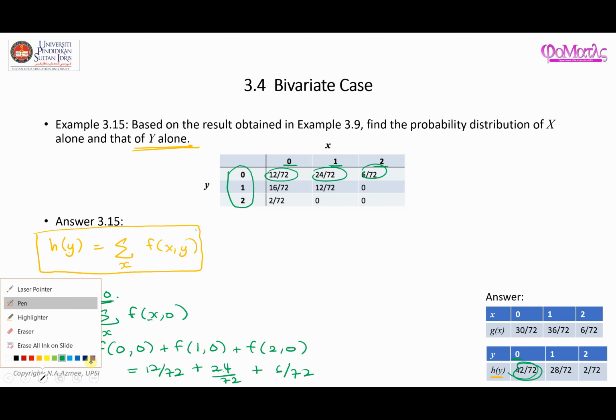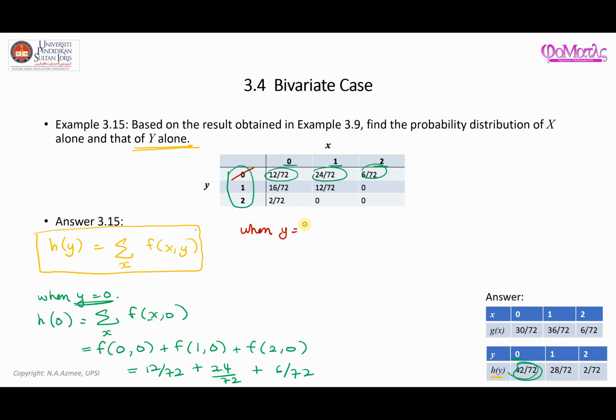Now we're done with y equals 0, so let's move on to the next y. The next y is y equals 1, and in this case the formula is going to change to h1, with respect to x, fx1. Then we take turns changing the values of x from 0 to 1 and 2.